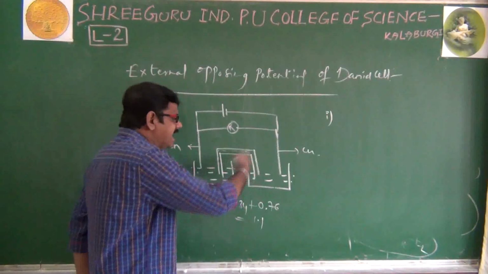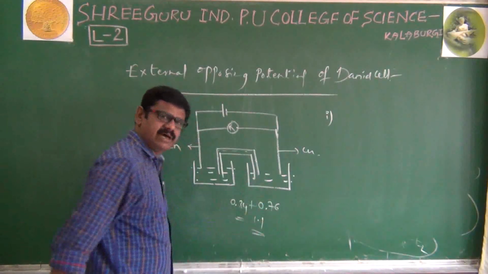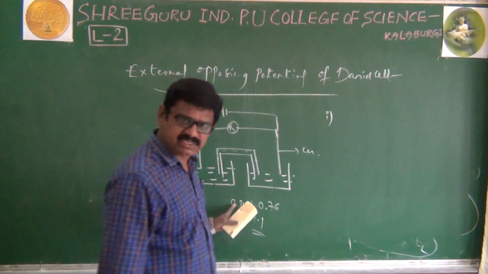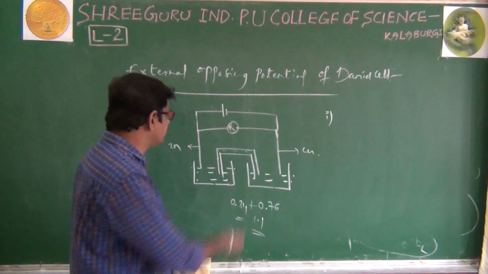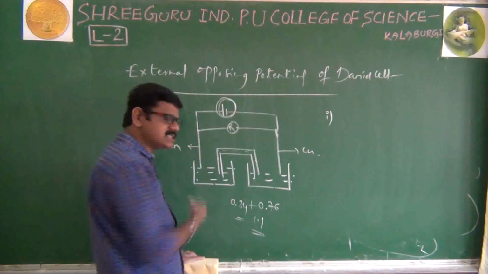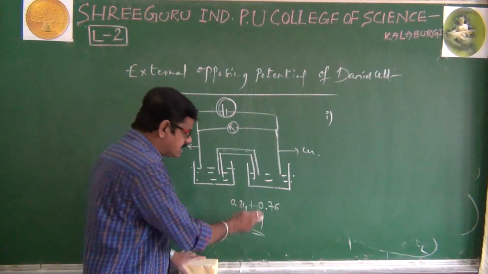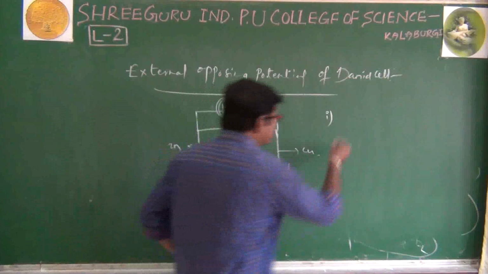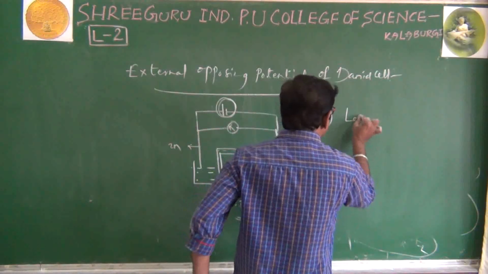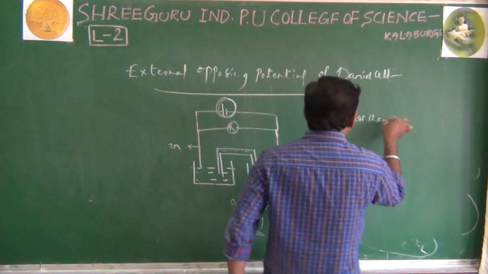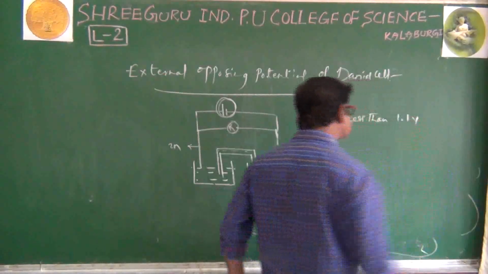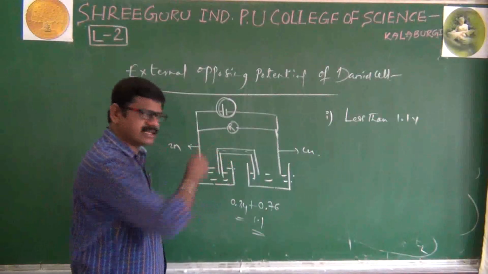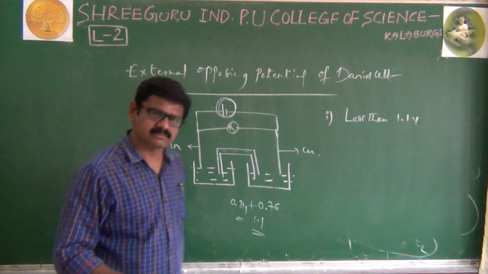That means Daniell cell EMF value is 1.1. Now externally from this source, if I send less than 1.1 volts into this Daniell cell, what happens?